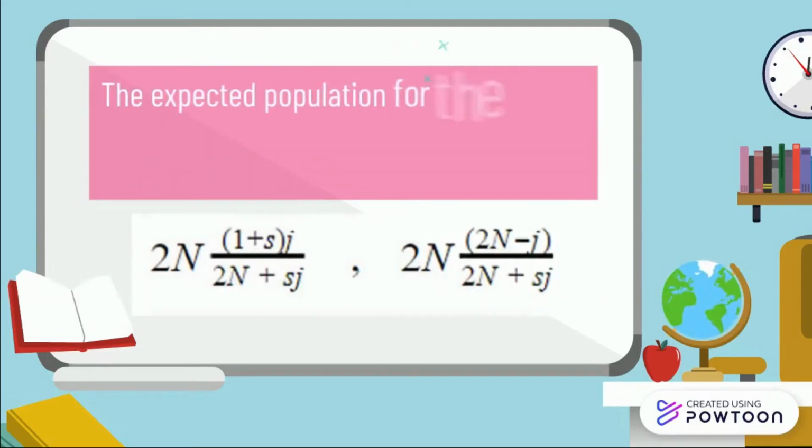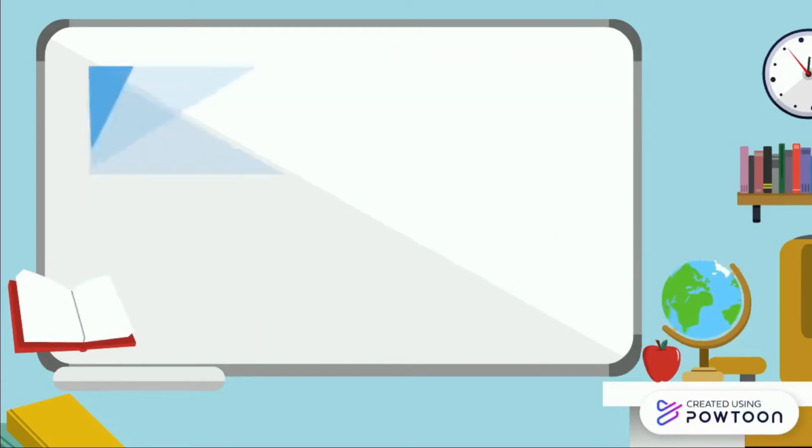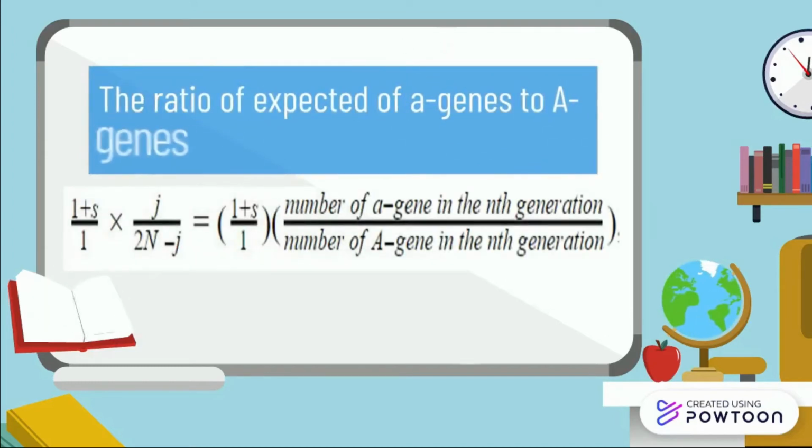If the parent population consists of j small a genes, then in the next generation, the expected population sizes of small a genes and capital A genes are as shown below. The ratio of expected small a genes to capital A genes at generation n plus 1 is 1 plus S over 1 times j over 2n minus j, which equals 1 plus S over 1 times the number of small a genes in generation n over the number of capital A genes in generation n.